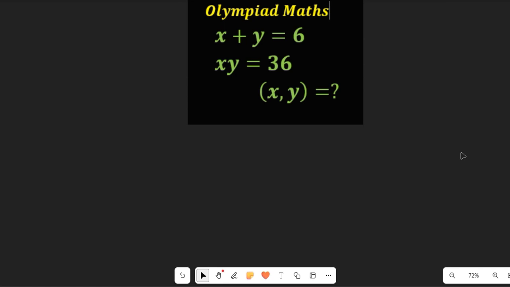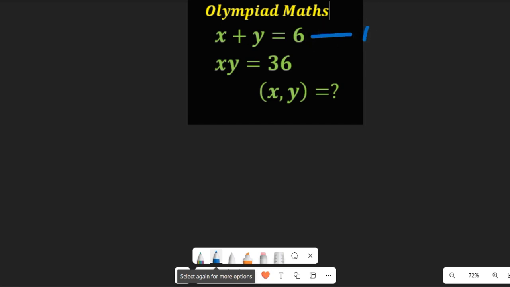Let's find out. To solve this expression, let's first of all look at x plus y and consider it as equation 1. We can also consider the other as equation 2.